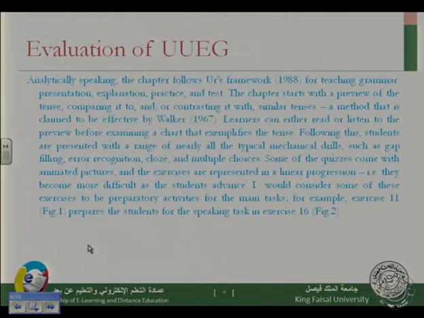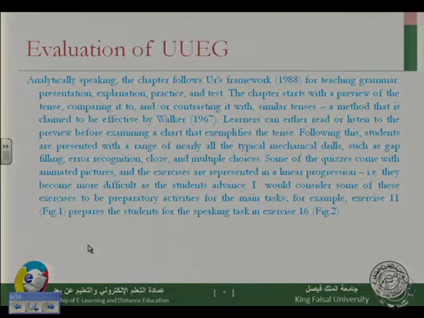Analytically speaking, the chapter follows Ayres' framework (1988) for teaching grammar: presentation, explanation, practice, and test. So there is someone called Ayres, and he created a framework saying that if you want to teach grammar, you have to have four things: presentation, explanation, practice, and test.